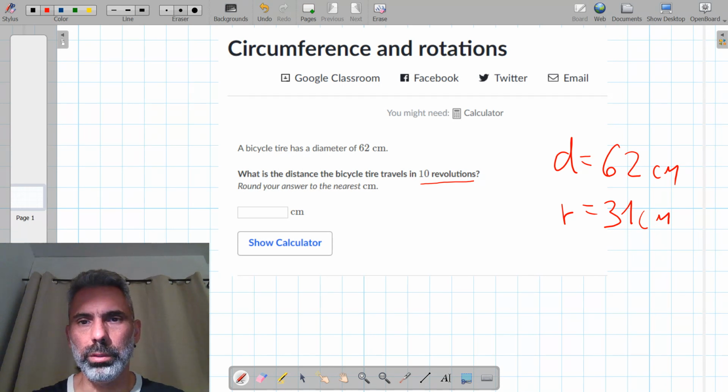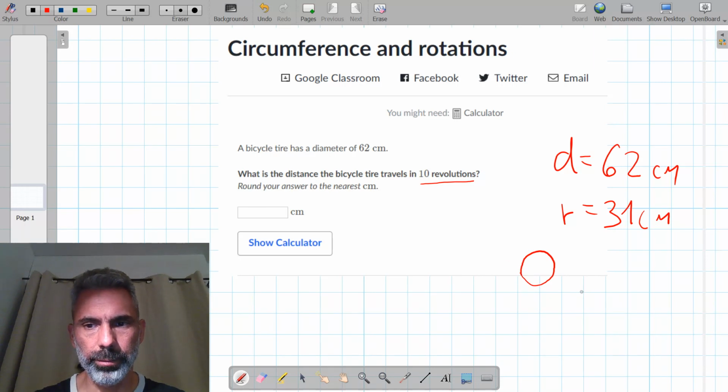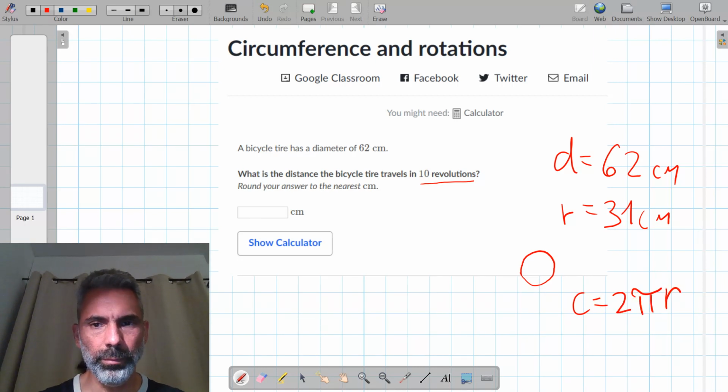Okay, so the circumference, which is 1 revolution, is 2 pi r, or 62 times pi.